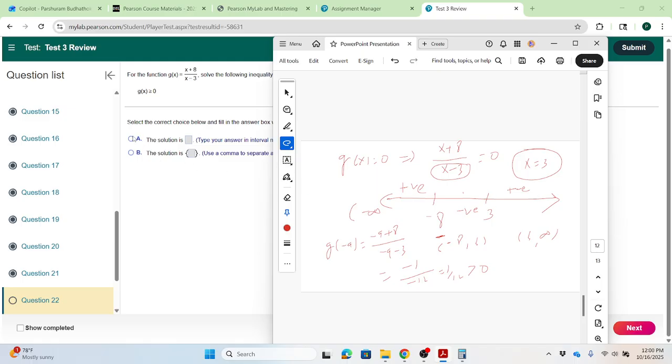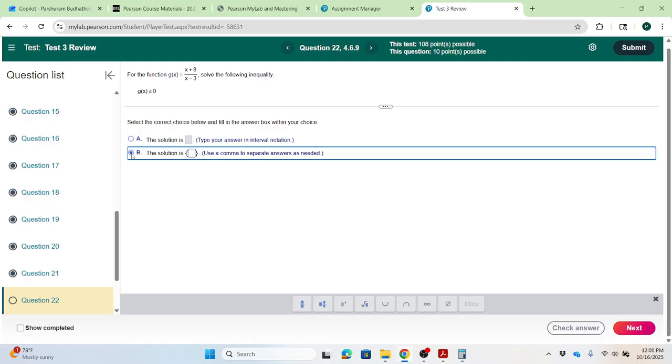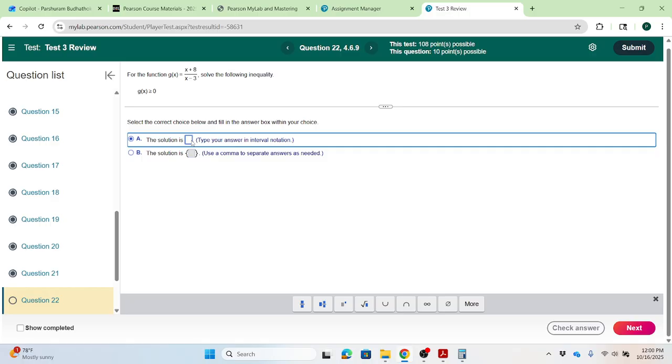So how do you write it? The solution is, use comma to separate answers as needed. You need to use the, what is that called? Interval notation.